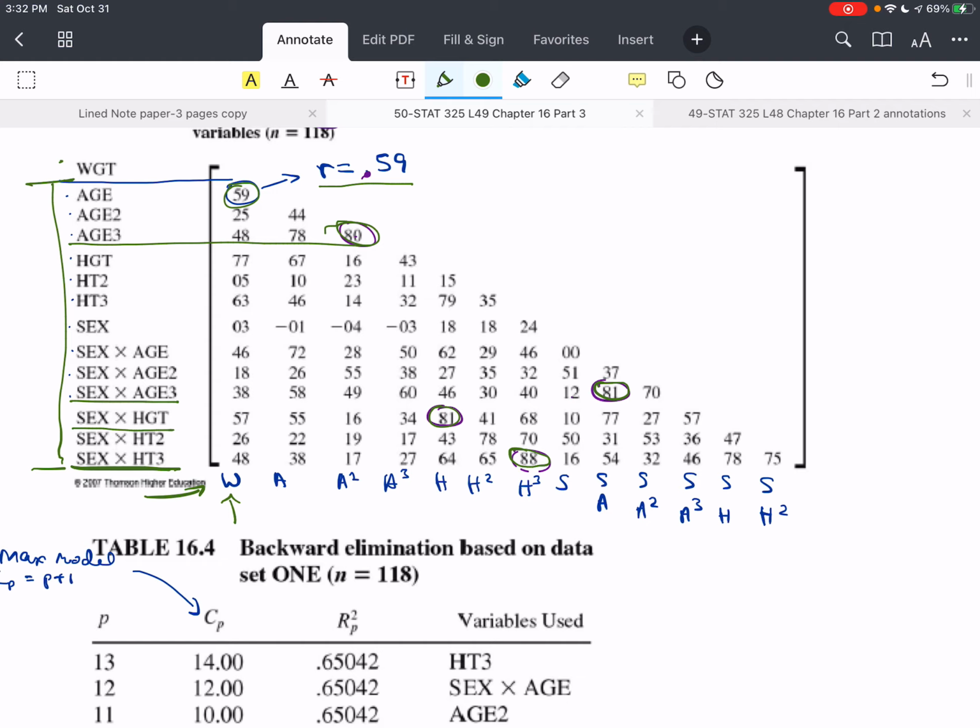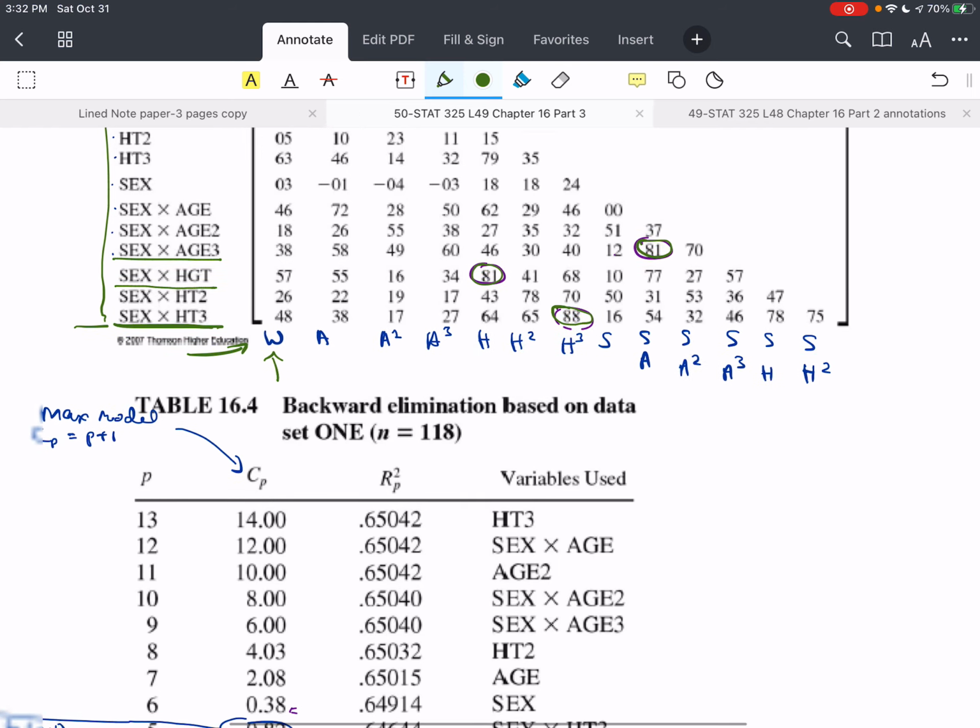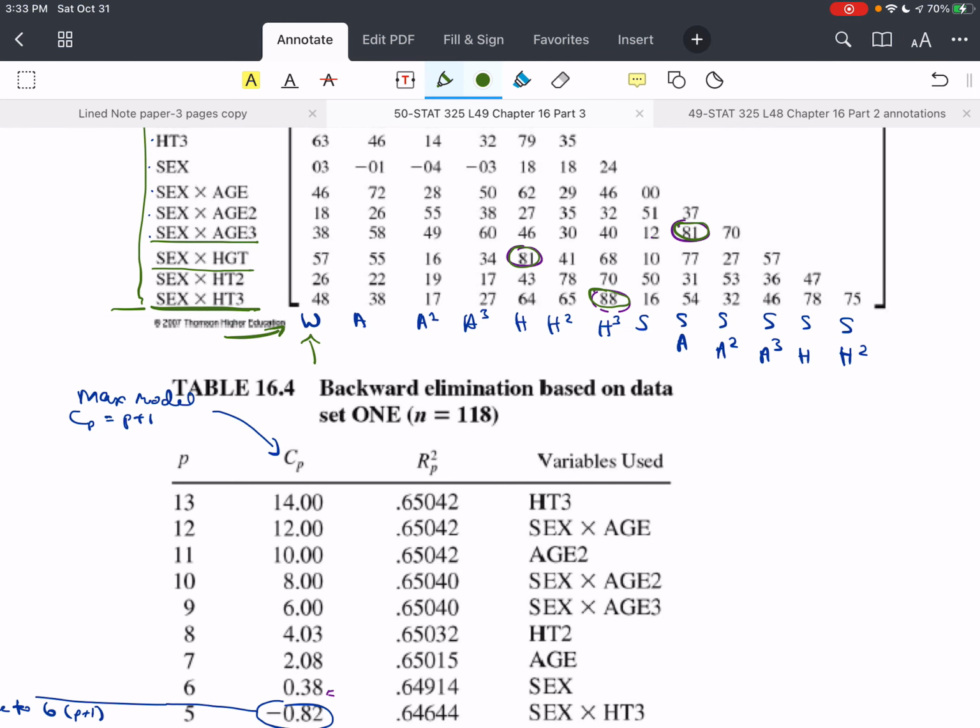So this implies that if some of these are selected, you don't want to keep all of them in there because of the collinearity. Okay. So remember that the Cp for the max model is always going to be P plus 1. Here P is 13, so 14 is exactly P plus 1, which is what we said would happen, and it did.